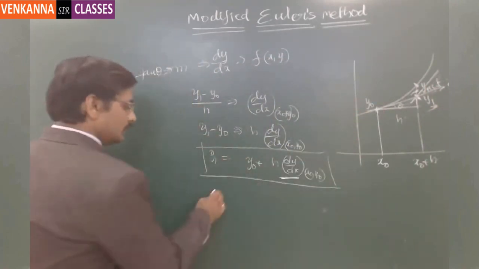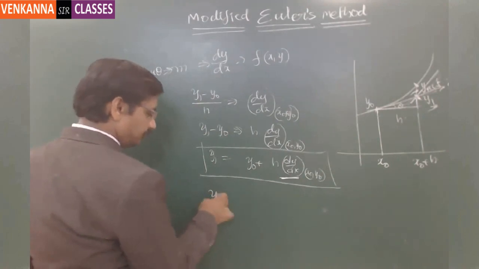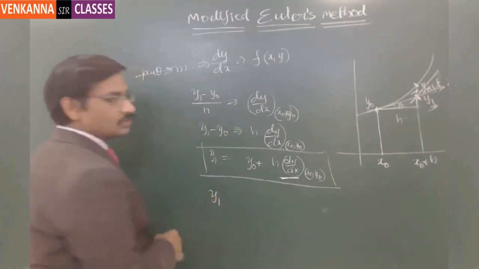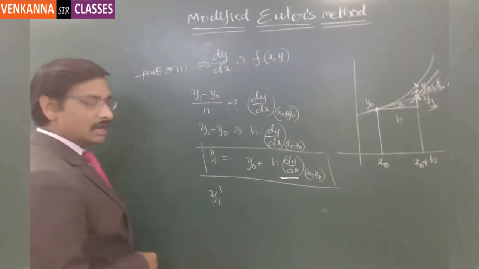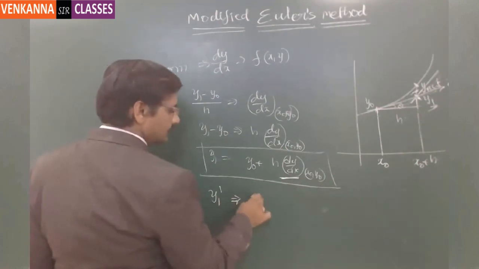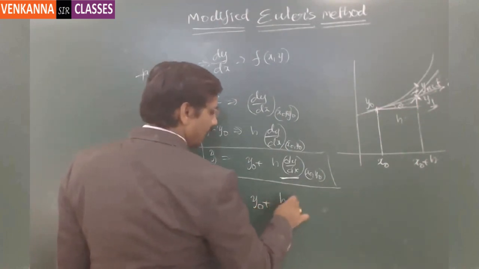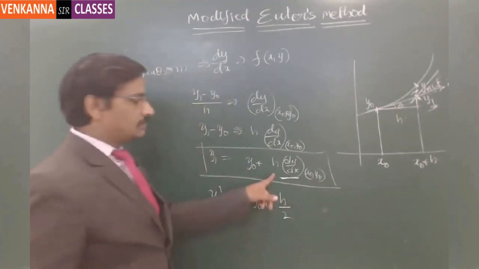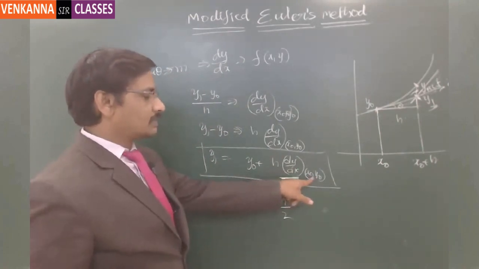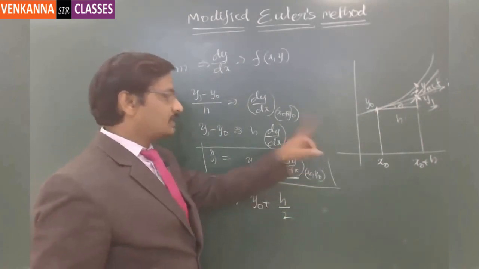So for that, this y1, I call this y1 dash, and this value is y naught plus, now the average of the slope, so h, and then dy by dx at x naught y naught and dy by dx at x1 y1.